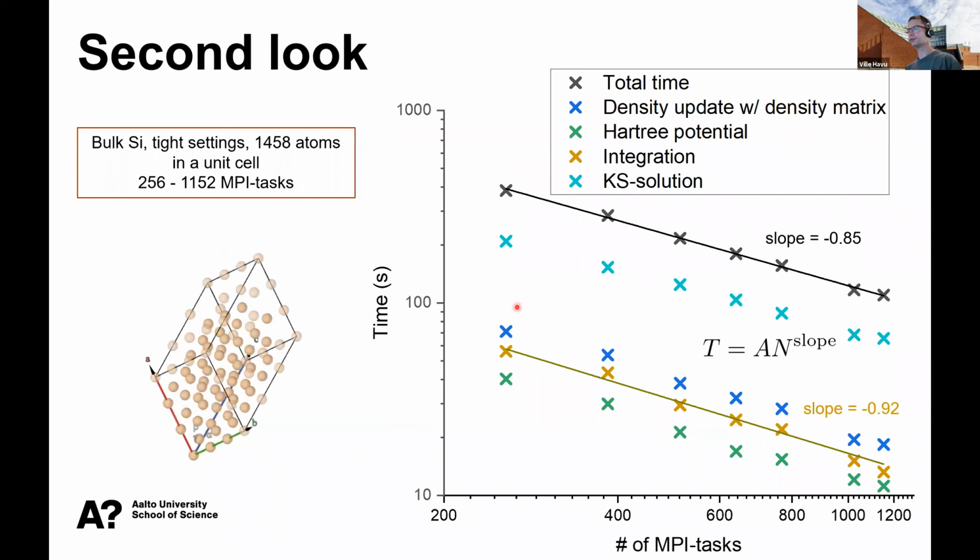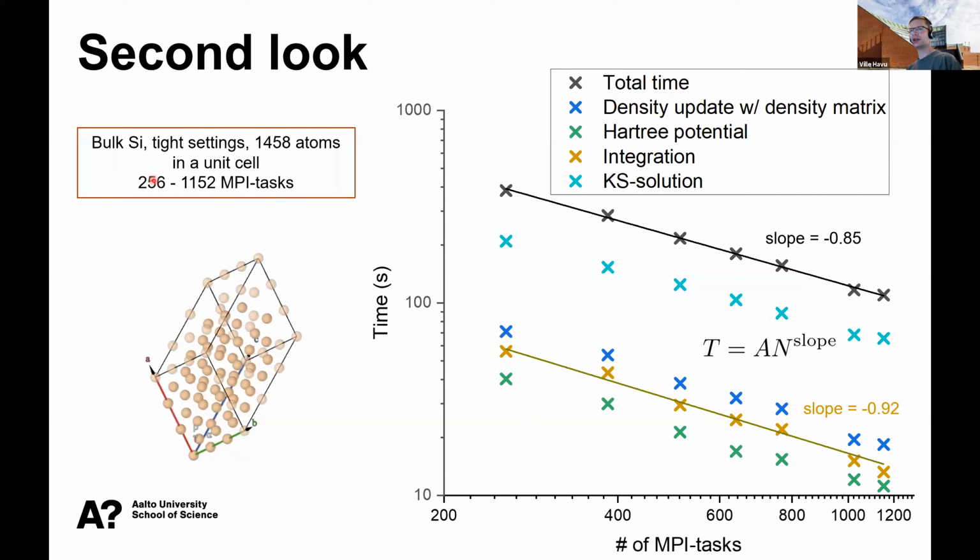So the second graph we will be looking at is a double logarithmic plot. Here I have a different point of view on the problem. So I take a fixed size unit cell. I take 1,458 atoms. These are all multiples of the basic unit cell, and that's how you get these numbers.